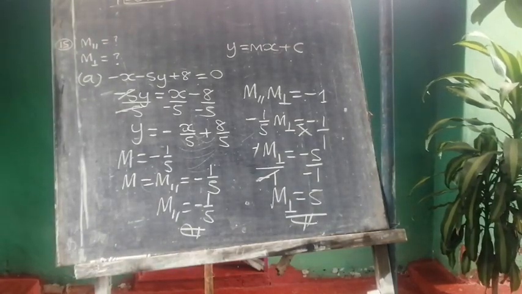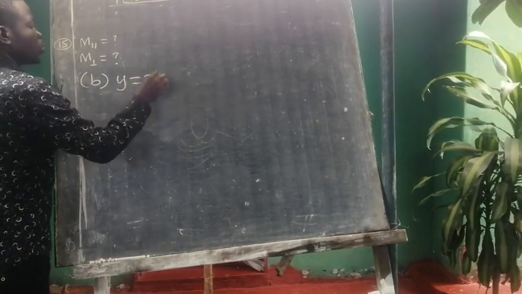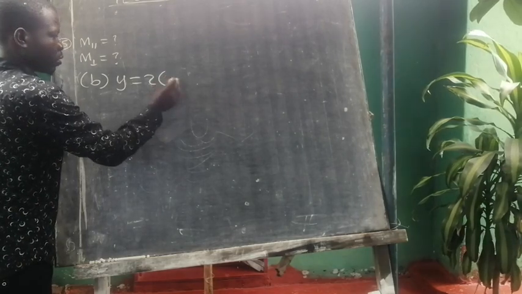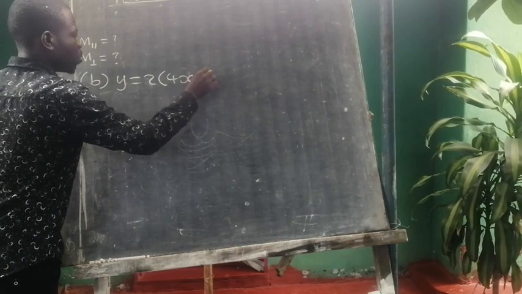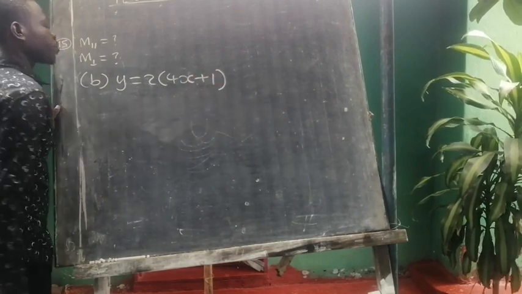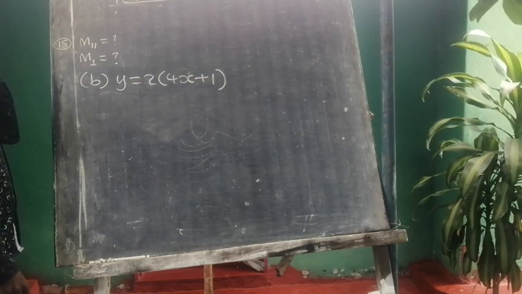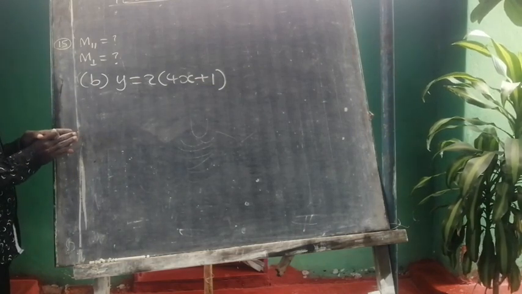Questions? Part B. y equal to 2, open bracket 4x plus 1. They want us to pick the gradient of the parallel and the gradient of the perpendicular from this equation.